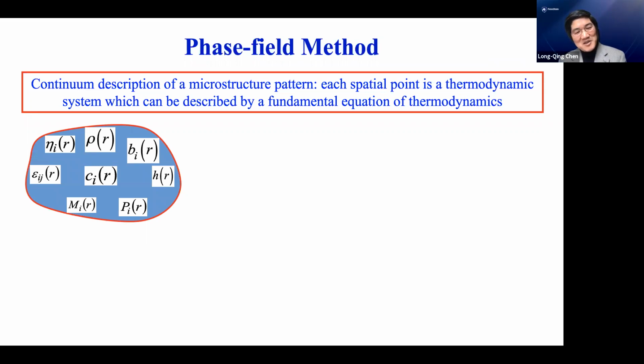Let's say we have a microstructure, for which I am listing quite a few quantities. You can think of C, the chemical compositional distribution, P, maybe a polarization distribution, or you can also have a magnetization distribution, or mechanical strain distributions.